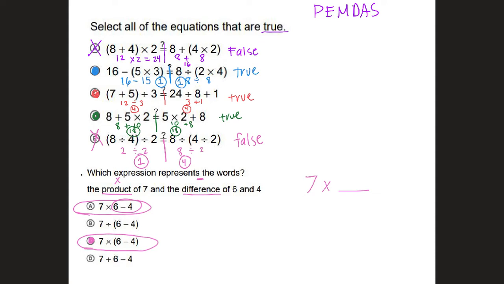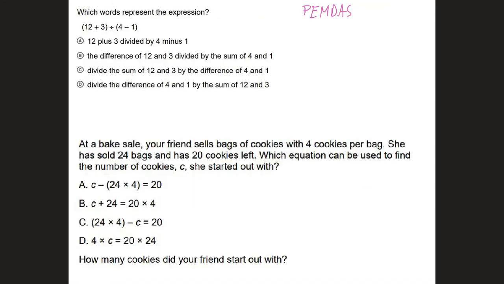We have to look back and think to ourselves, does this make sense? If I do this with order of operations, will I still get what the sentence is telling me? Which words represent the expression? 12 plus 3 divided by 4 minus 1.